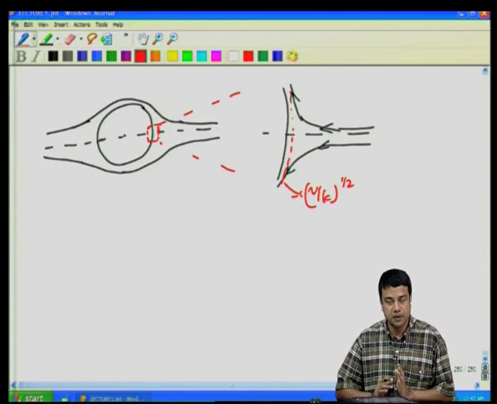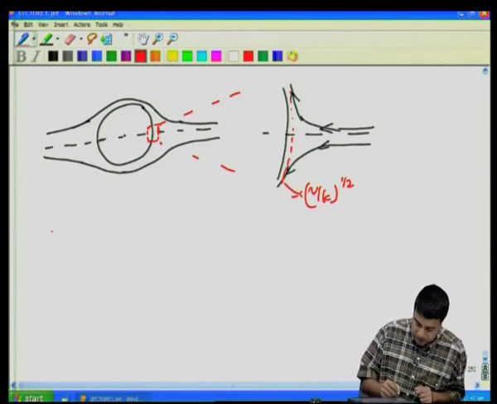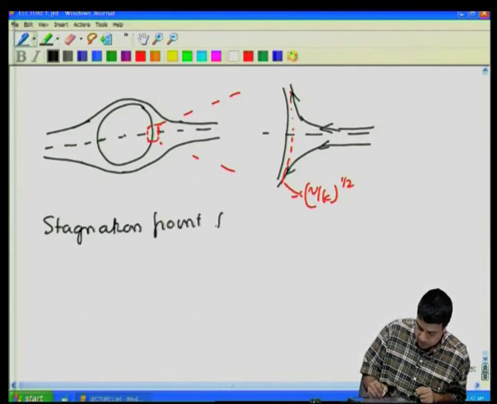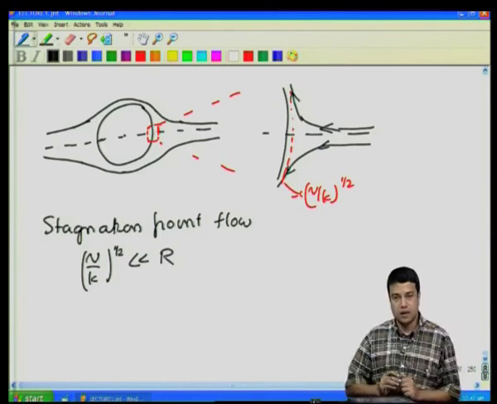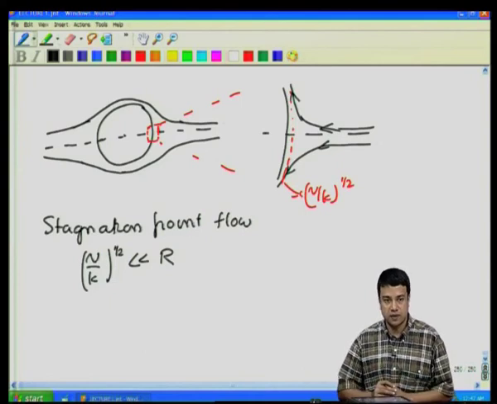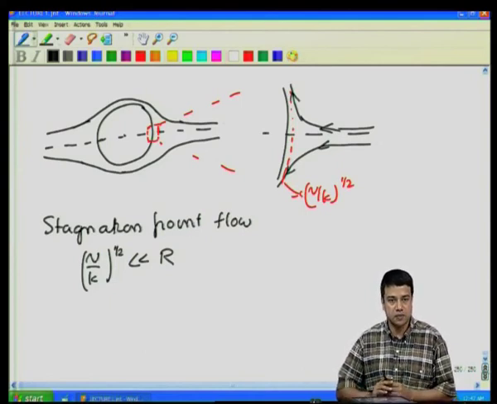So, for this to approximate a stagnation point flow, nu by k to the half has to be much smaller than the radius of the sphere. Otherwise, the curvature will affect the flow near this point.